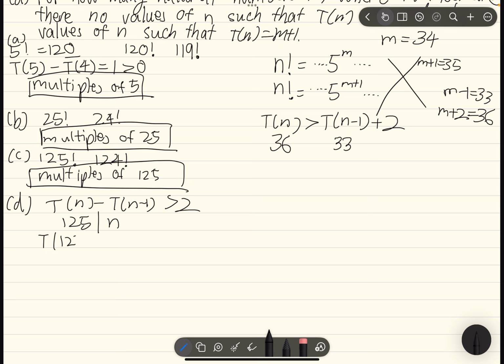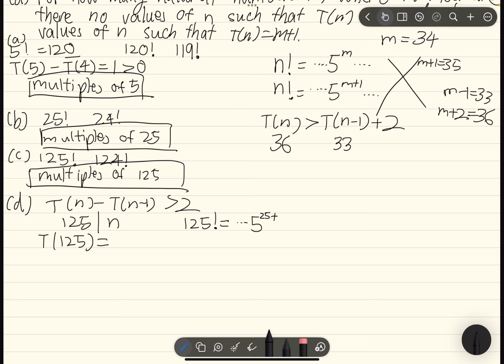So if we have T125, the number of terminal zeros would be, so we want to prime factorize 125 factorial, right? And 125 factorial has some other factors, and then 5 to the power of what? Well, firstly, let's count the cases where this number has at least one 5. So all the numbers that are multiples of 5, 10, 15, 25, all the way up to 125, all have at least one 5. So how many numbers are there? Well, that's 25 of these numbers, right?